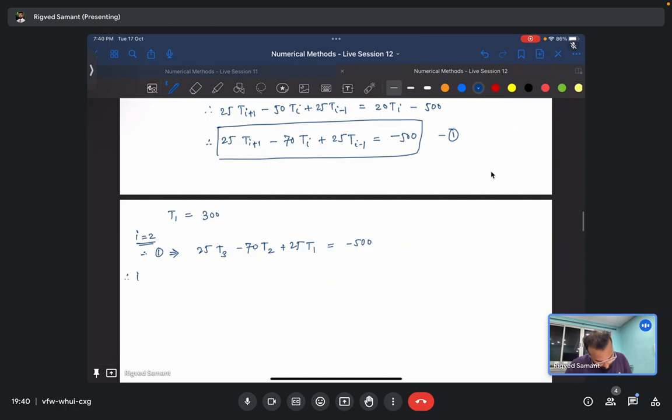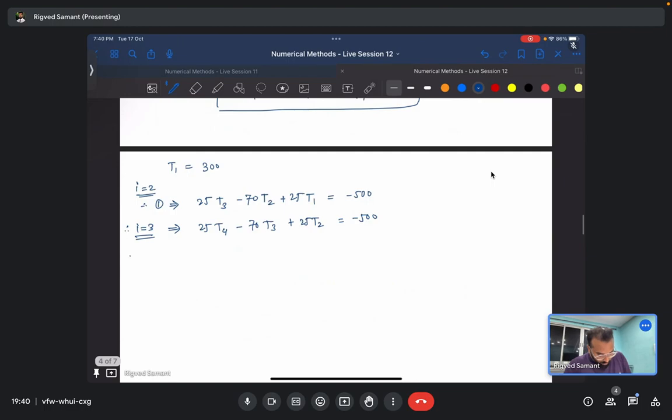Similarly, if i is equal to 3, 25 T4 minus 70 T3 plus 25 T2 is equal to minus 500. i is equal to 4: 25 T5 minus 70 T4 plus 25 T3 is equal to minus 500.